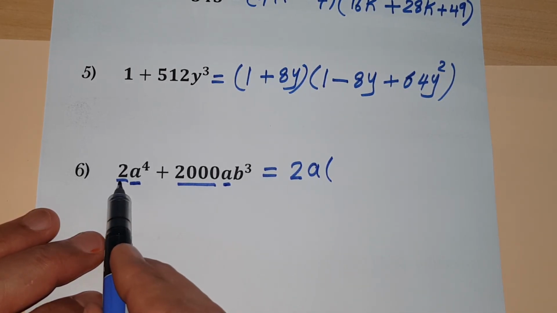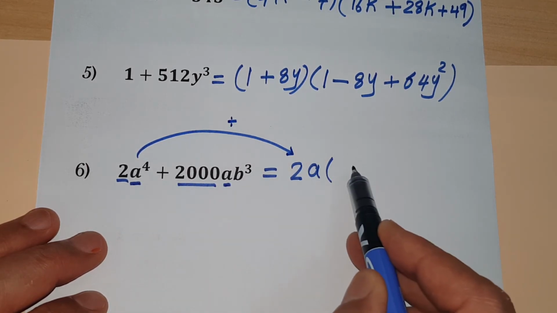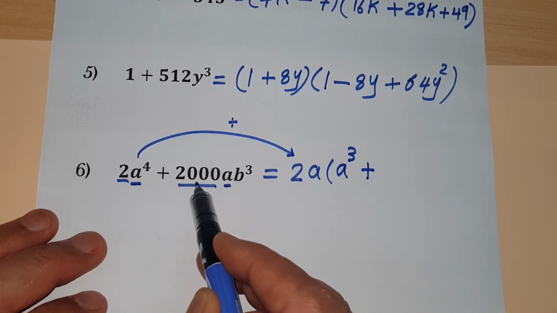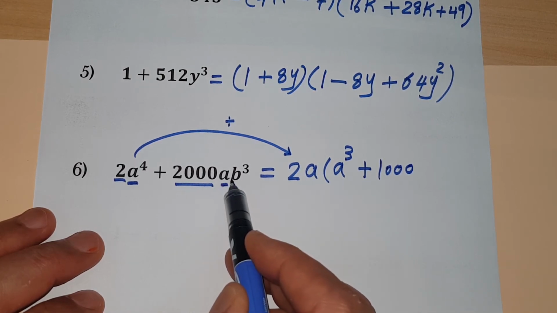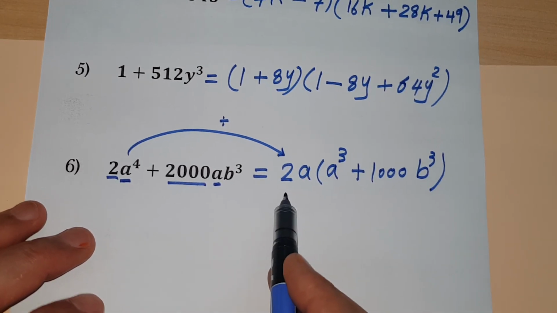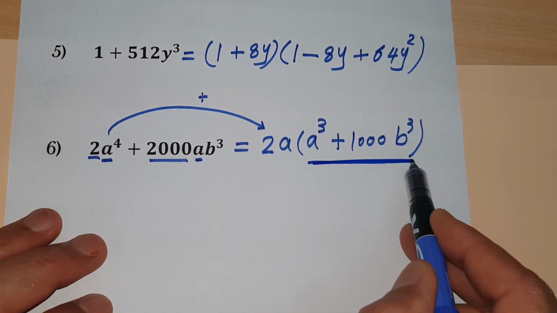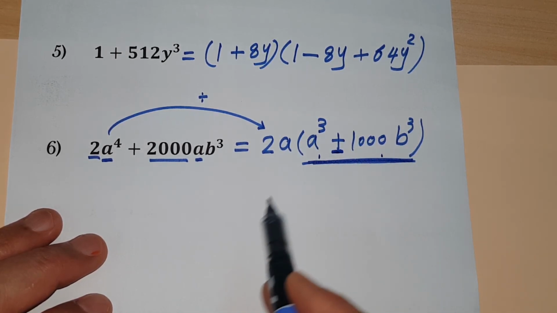So now divide. 2a to the power 4 divided by 2a, you will get a cubed. Plus 2000 divided by 2 is 1000. And ab cubed divided by a is b cubed. After taking 2a, the highest common factor, the remaining expression, this binomial, is a sum of two cubes.